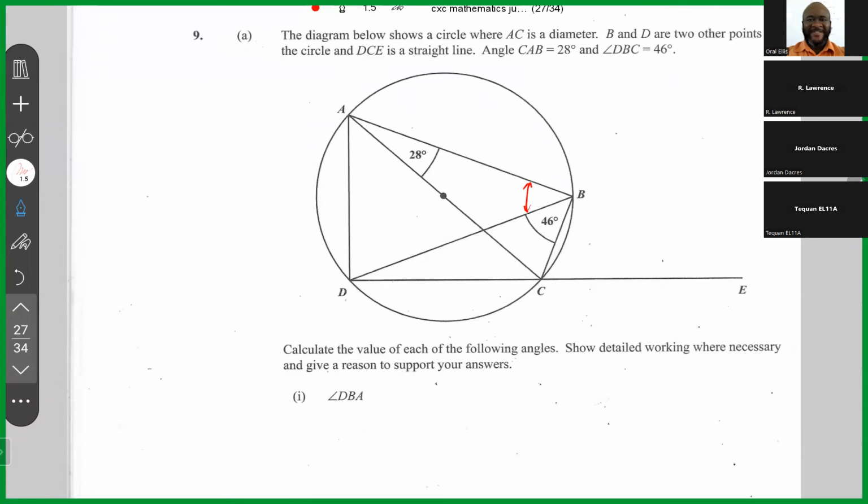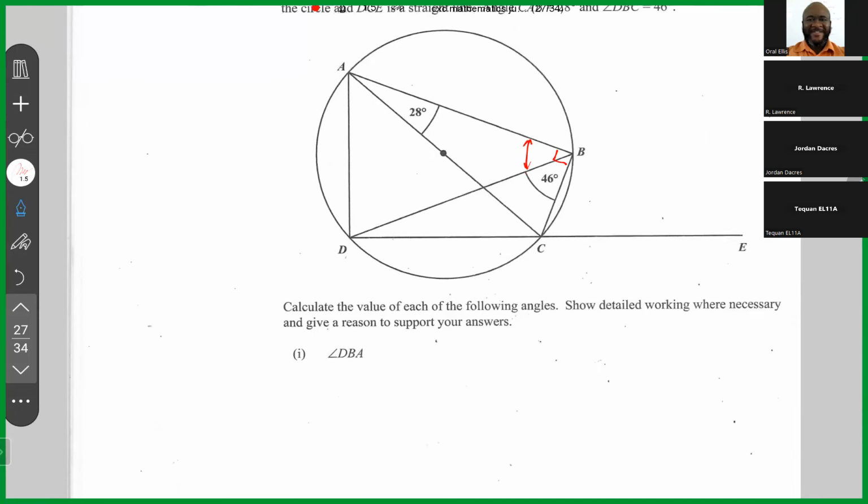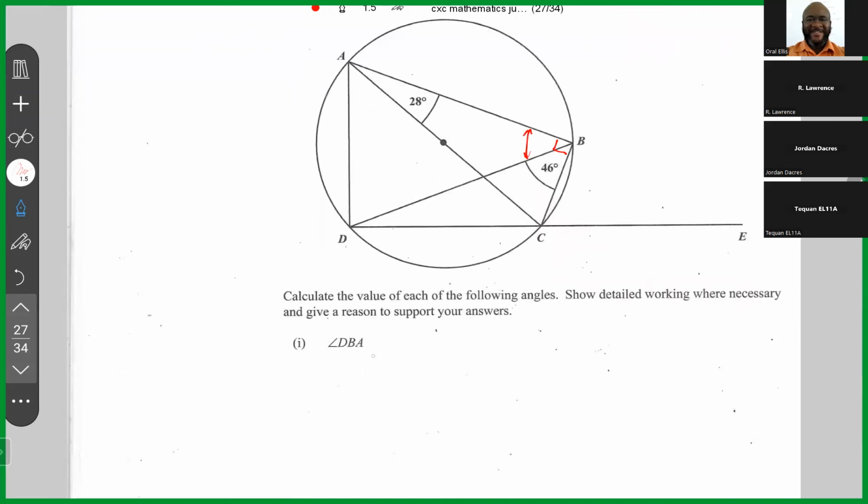Now, what I would use to determine the size of that angle is the fact that this angle is 90 degrees. So I would say to the examiner that angle DBA would be equal to 90 minus 46 degrees. It would be 44 degrees.